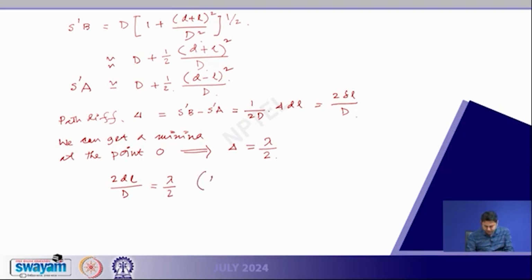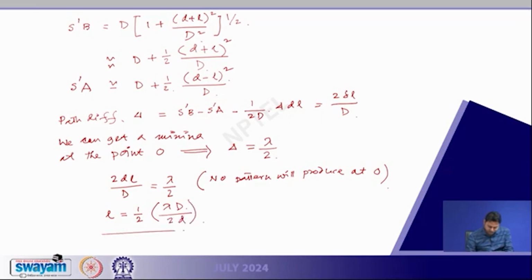So that is the condition that no interference pattern will be produced at O. So from here we can find the separation of the sources, which is half of lambda D whole divided by 2D.